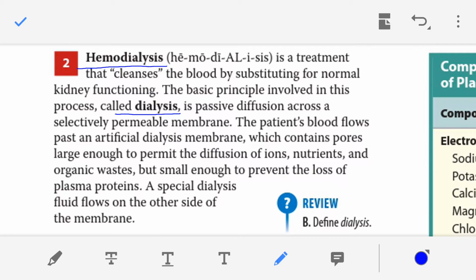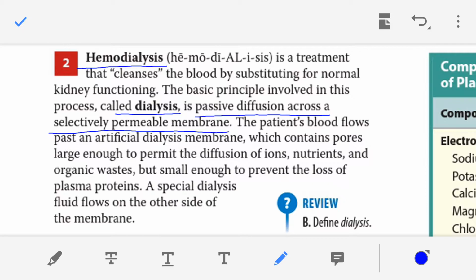And in this dialysis principle, in this artificial kidney, in this dialyzing machine, what happens? Passive diffusion takes place across a selectively permeable membrane.